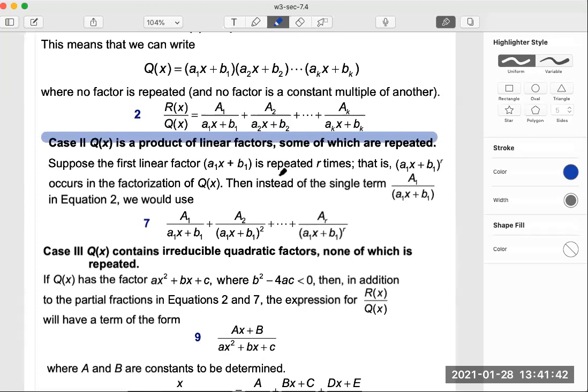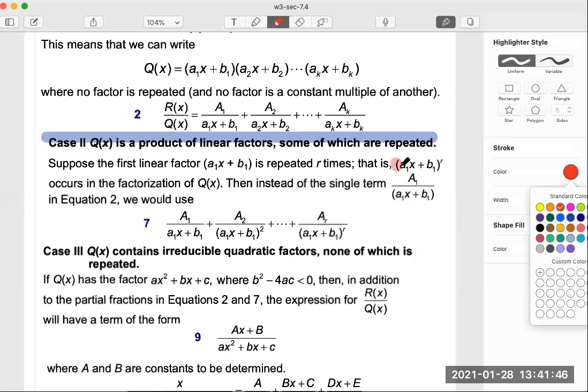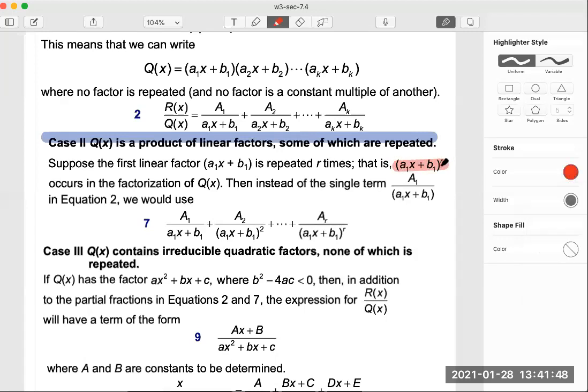It means it will be raised to the power of r. So what should we do in this case? It is proven that we can write this rational function as the sum in equation 7. So memorize it.